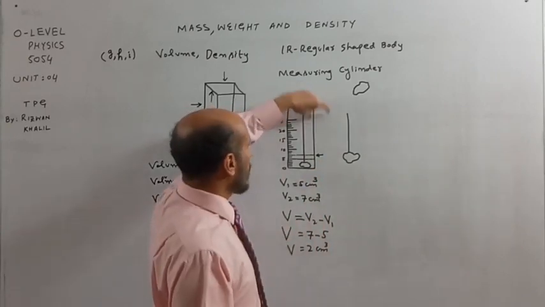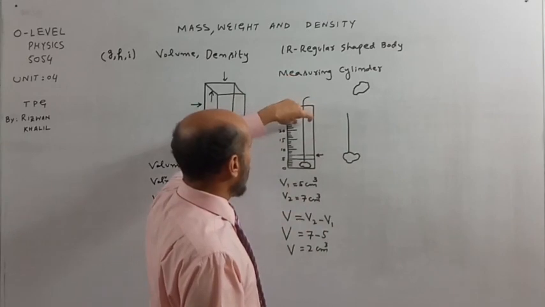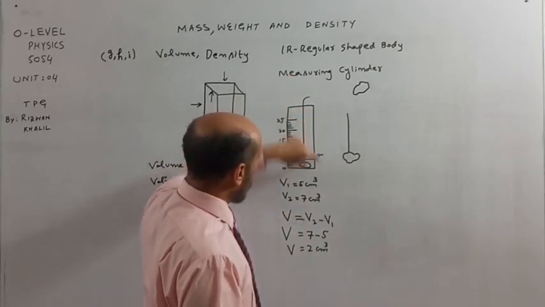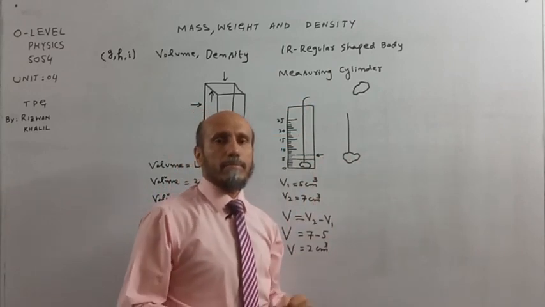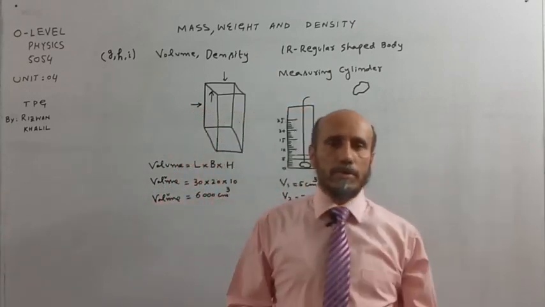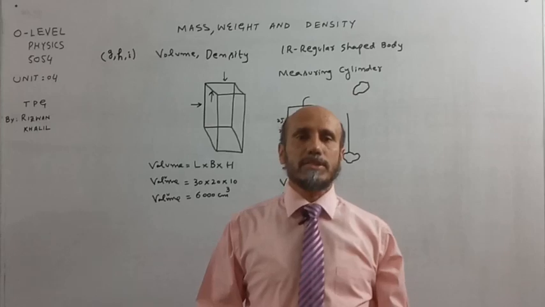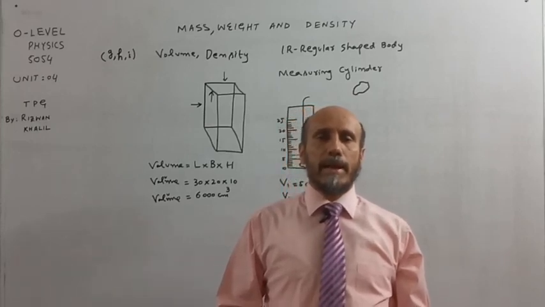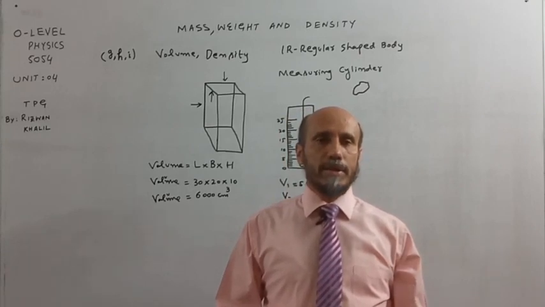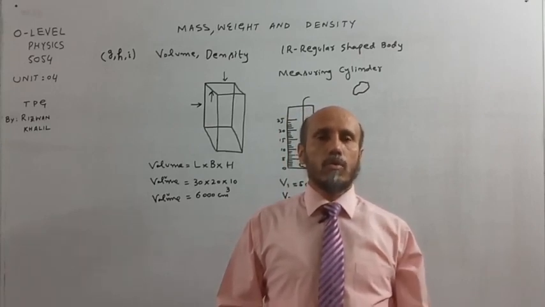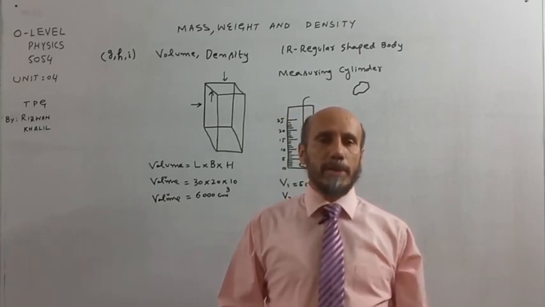I have immersed the stone, tied with the thread, in the measuring cylinder. Water rises up. I will measure the new reading on the measuring cylinder. It was 7 cubic centimeter, and the difference of 7 cubic centimeter and 5 cubic centimeter will give the volume of the irregular shaped body.